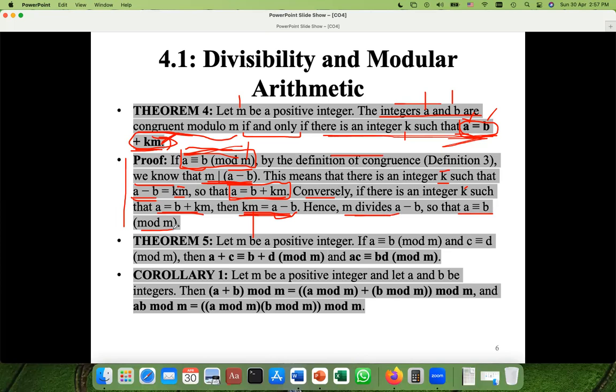And now theorem 5. And what is the statement of theorem 5?